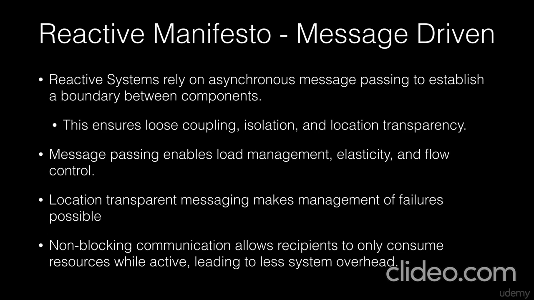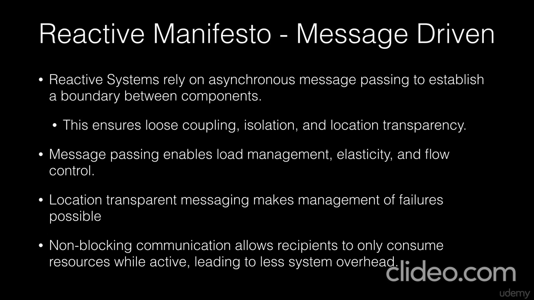And location transparent messaging means that you're not dependent on server A talking to server B. You're going from a cluster of microservices A to a cluster of microservices B, and you're not concerned about the specific server. So this is an important architecture shift.